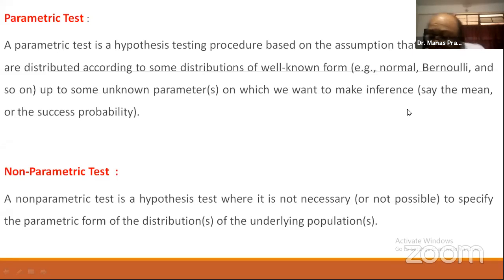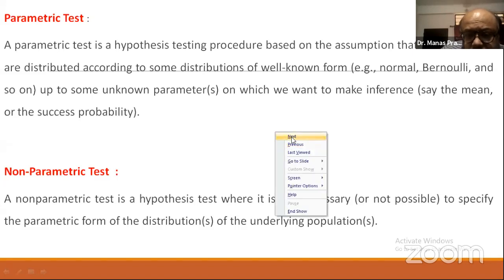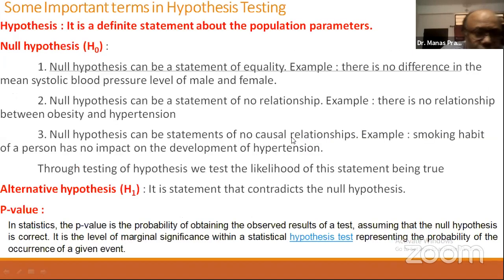Now the question arises: how do you know that my data follows normal distribution or not? That is the basic thing. We have to test whether my data follows normal distribution or not. I'll give you some tests with the help of which you can study whether my data follows normal distribution or not.